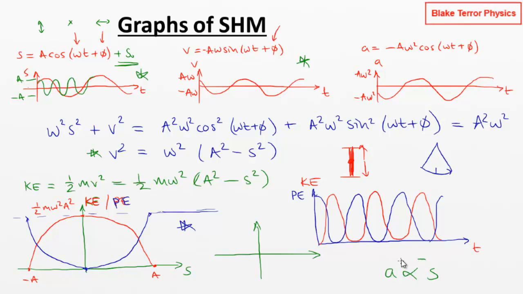Remember we've got a minus that appears in that, so our force is proportional to the negative of the displacement. So whenever we've got a force extension graph, or force displacement, whatever way you're looking at it, a straight line through the origin with a negative gradient, when you're looking at force as a function of distance, then we want to look at that and immediately think simple harmonic motion.